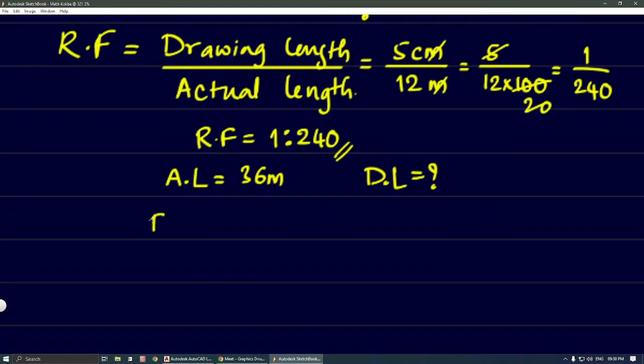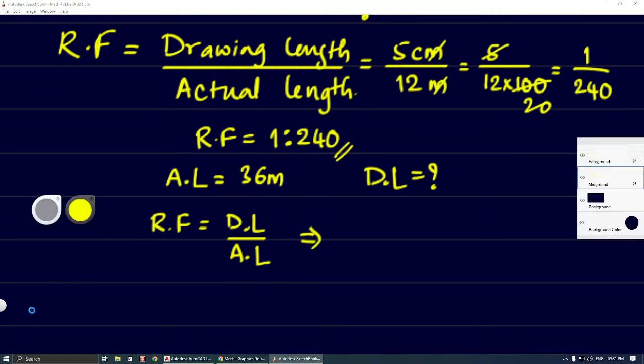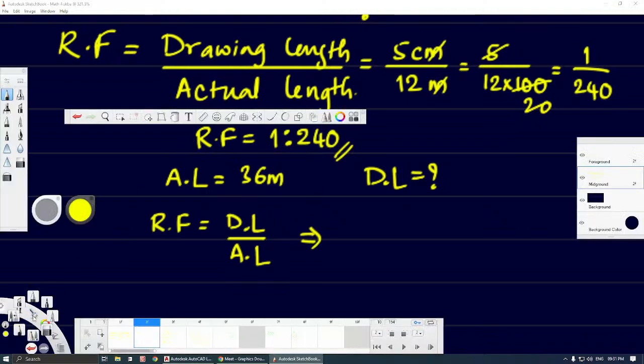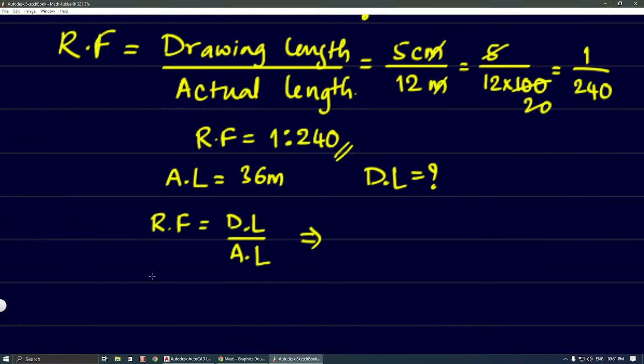Once again use the RF formula. RF is equal to drawing length by actual length. So substitute whatever values you know. We just calculated the value of RF, right? So this value of RF we can substitute over here.